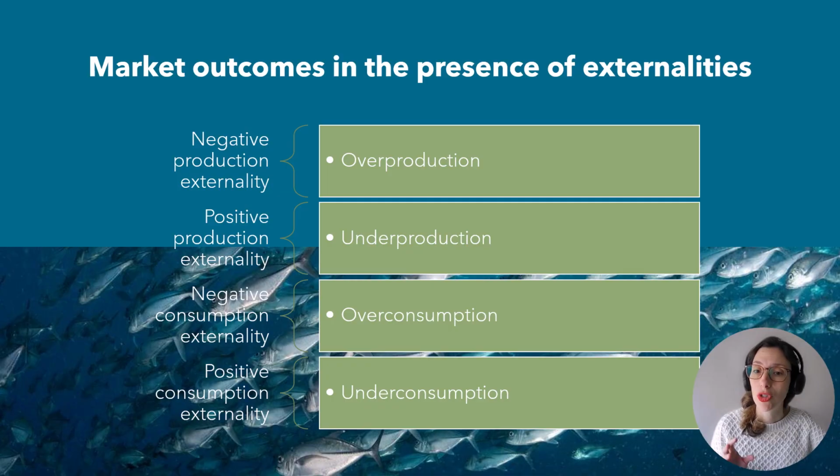So the first two things you must consider when dealing with an externality are: one, if it is associated with producing a good or consuming it, and two, whether it's positive or negative. Once you know these two things, then you know the outcome.